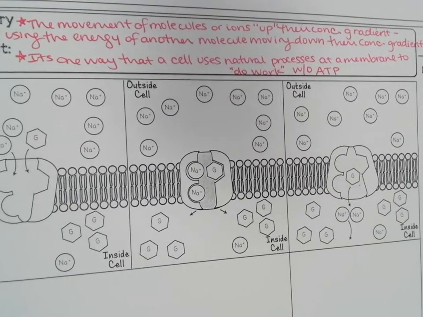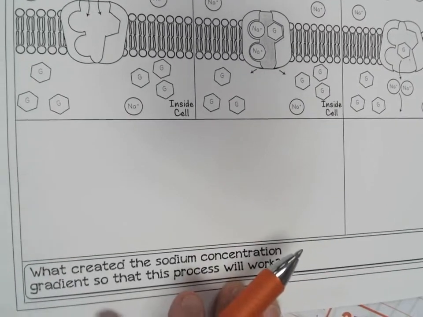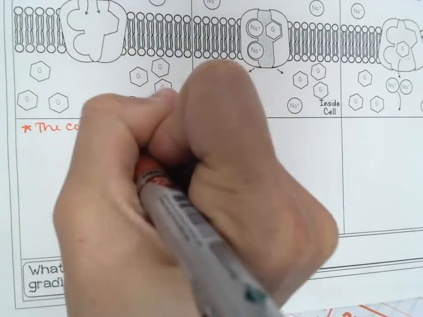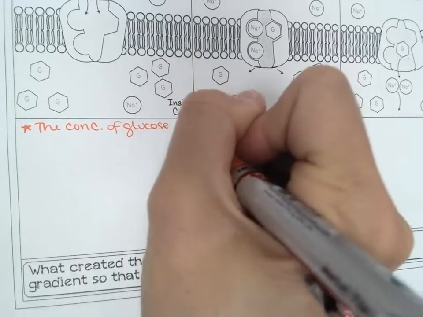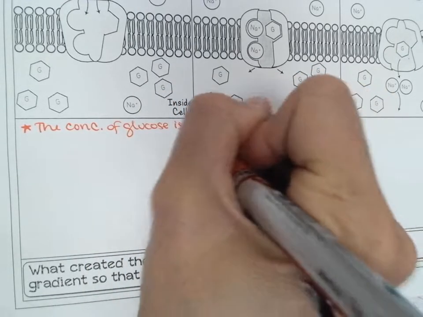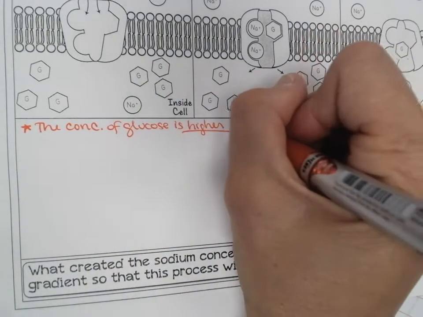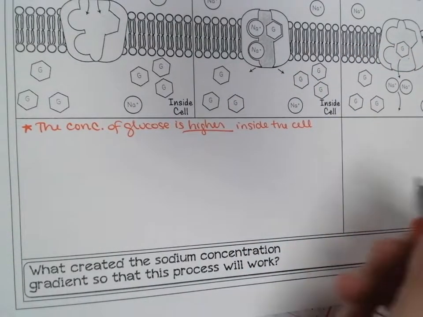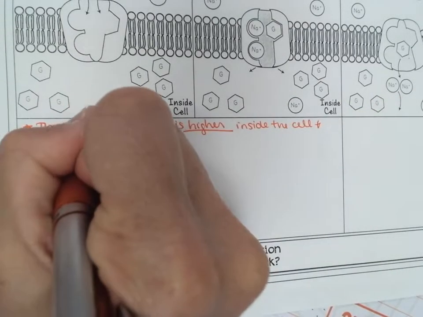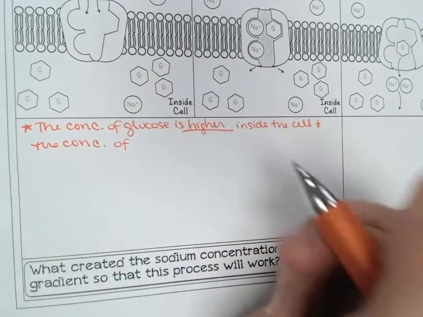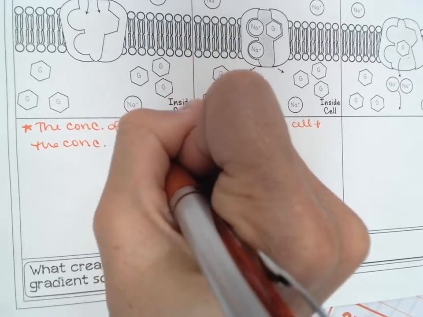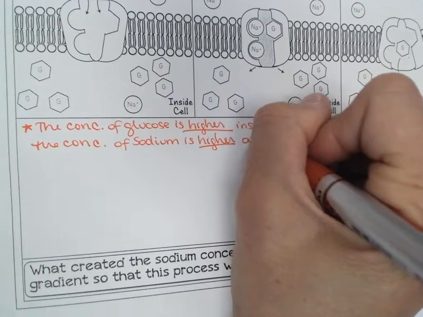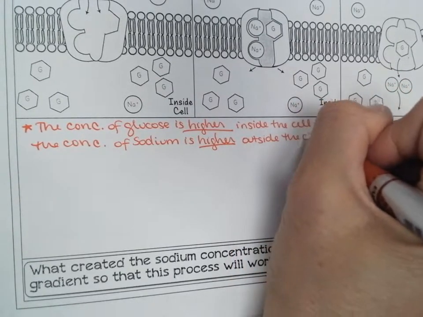All right, so let's put some words to this. The concentration of glucose is higher inside the cell and the concentration of sodium is higher outside the cell.